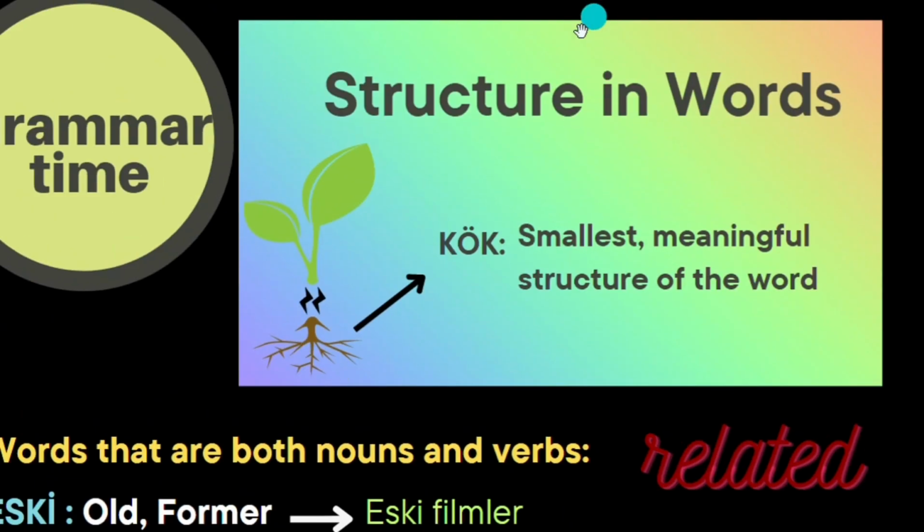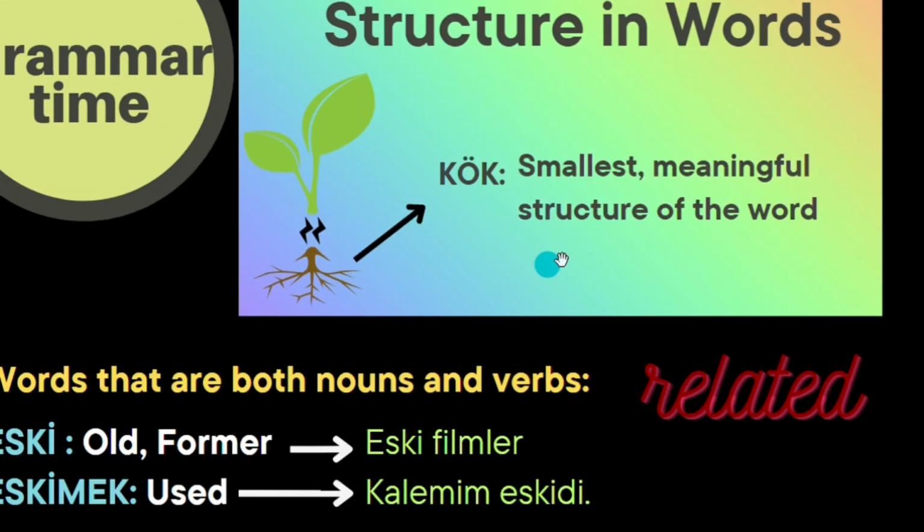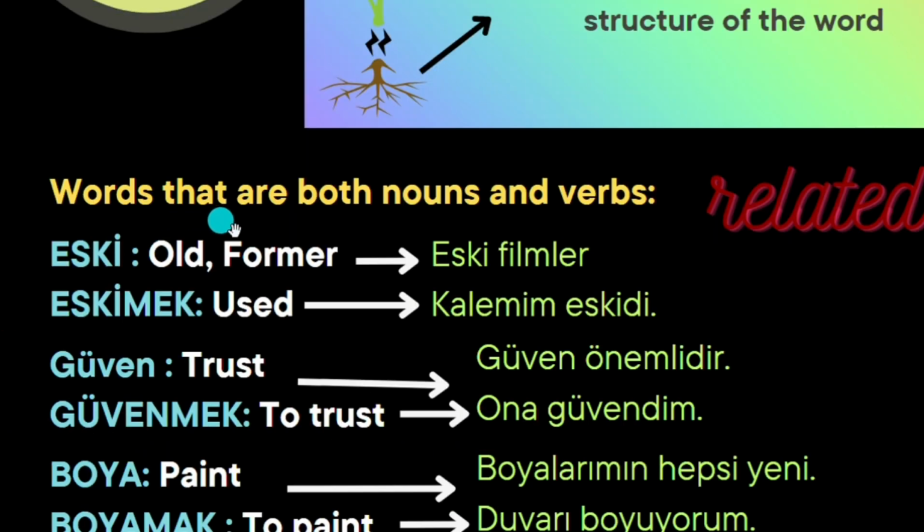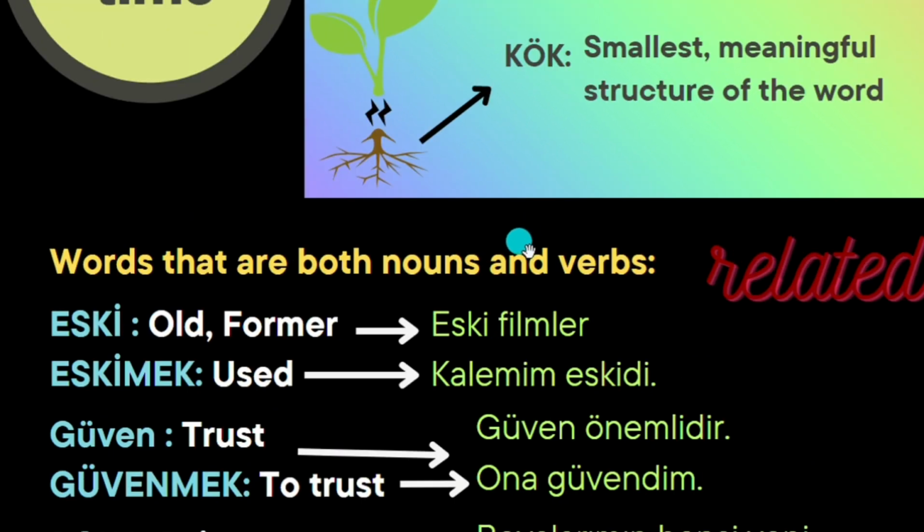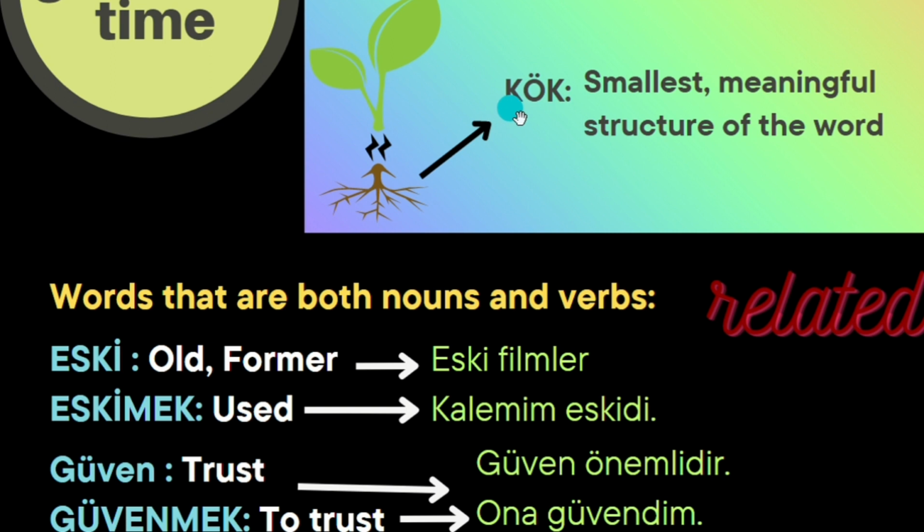This is the summary. By the way, don't forget what does kök mean. Smallest meaningful structure of the word. Words that are both nouns and verbs. What does it mean? For example, think a kök can be a noun or can be a verb also. For example, eski. Eski means old or former.